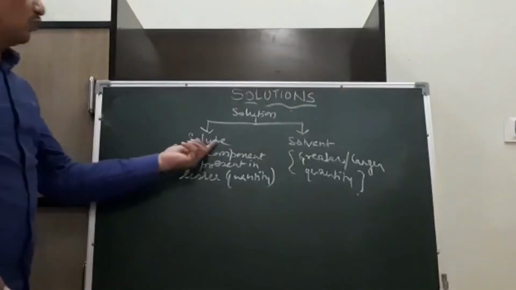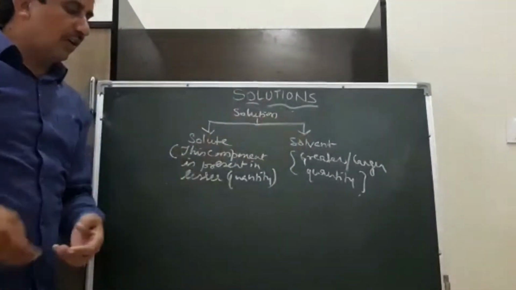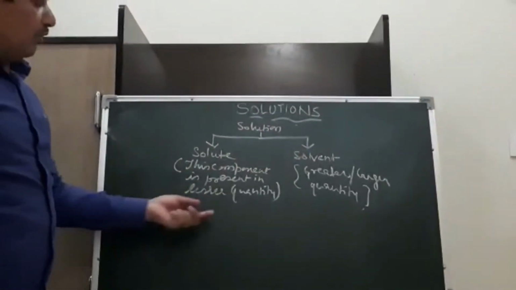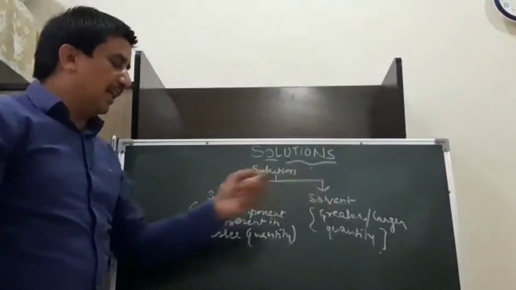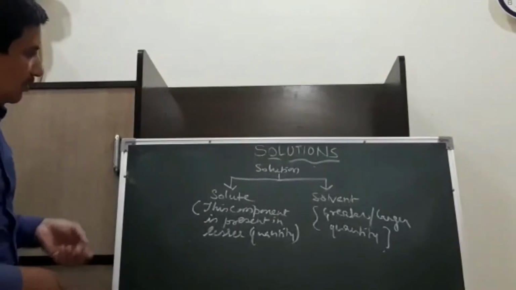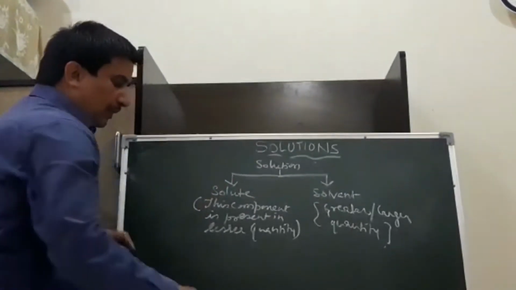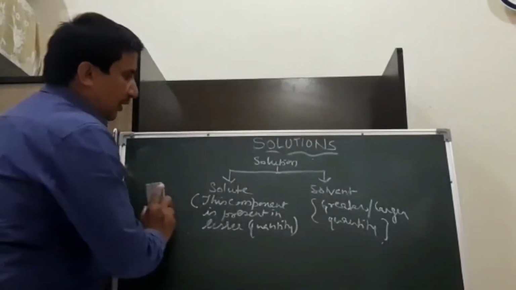So these are the two components, solute and solvent, depending on their quantity. Now we move on to the types of solution.